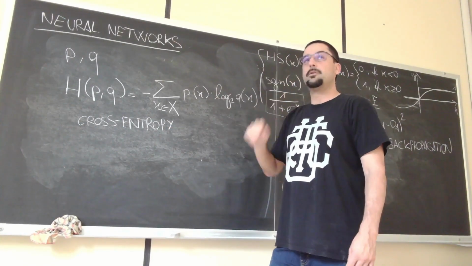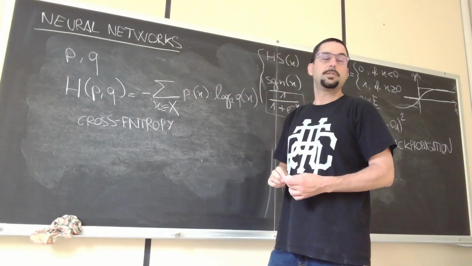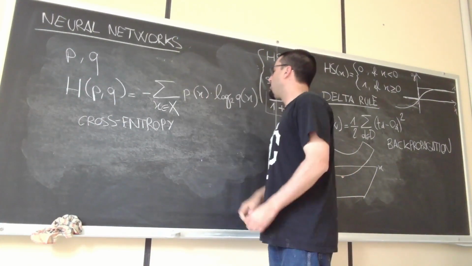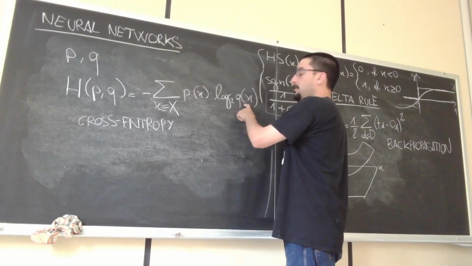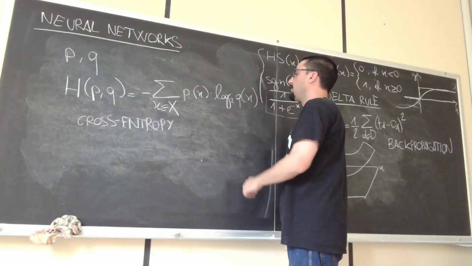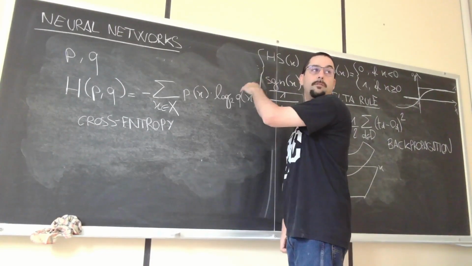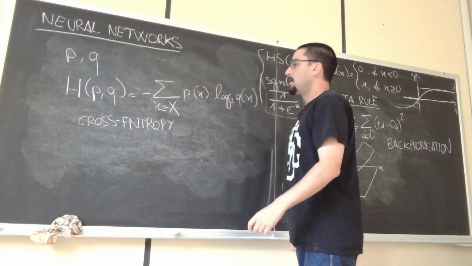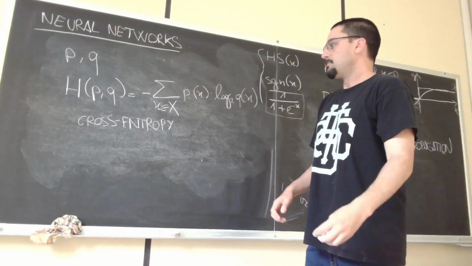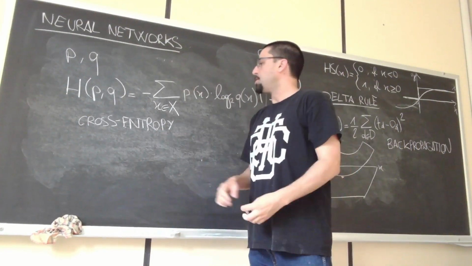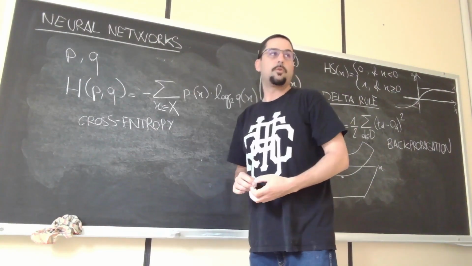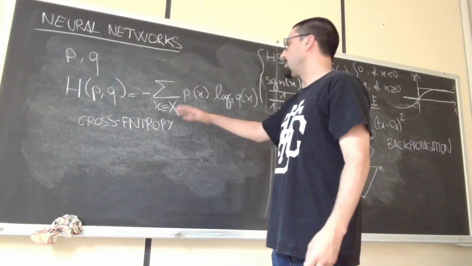It's what is called the Kullback-Leibler divergence. That is basically the same thing, only that here you have the logarithm of the fraction between P of x and Q of x. It's just a matter of terminology. I don't know why people in machine learning call this cross entropy, although it's not exactly the same thing.